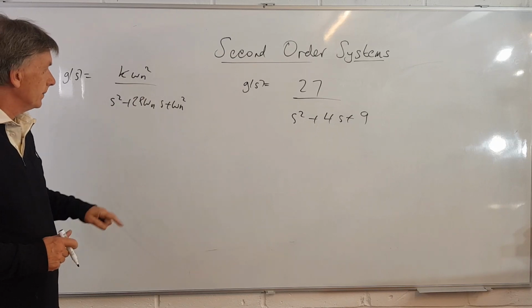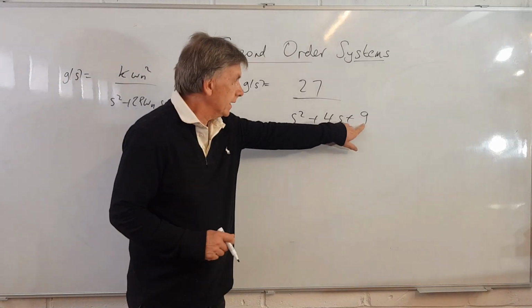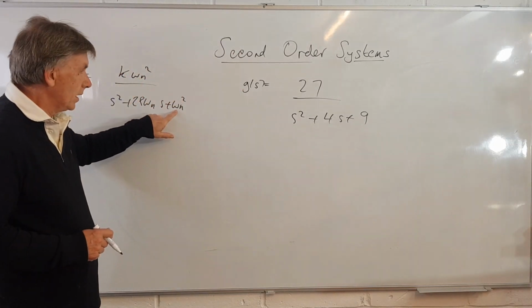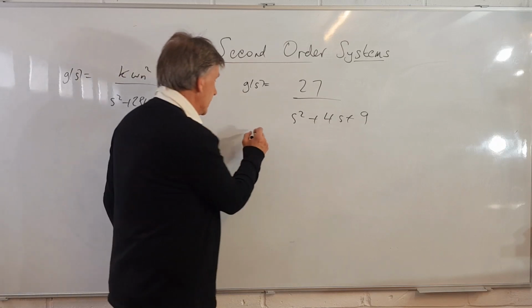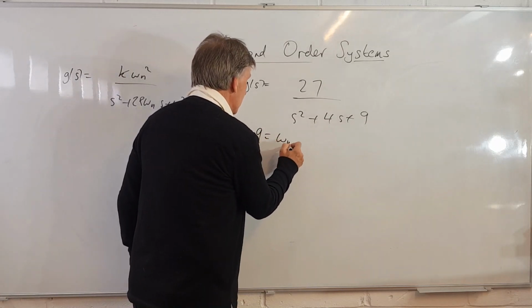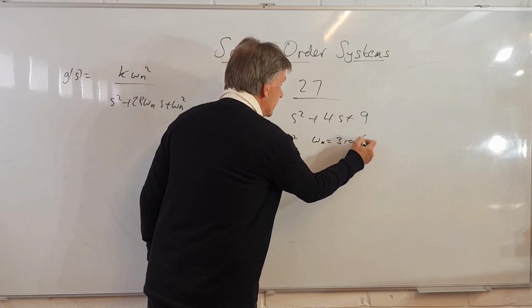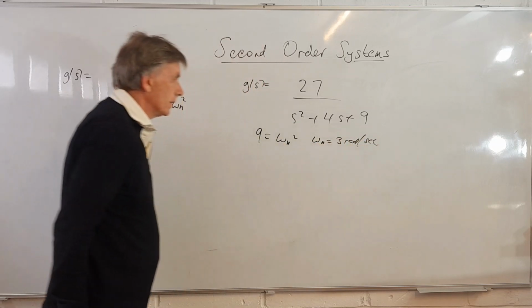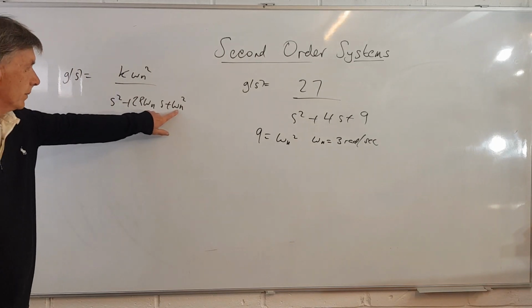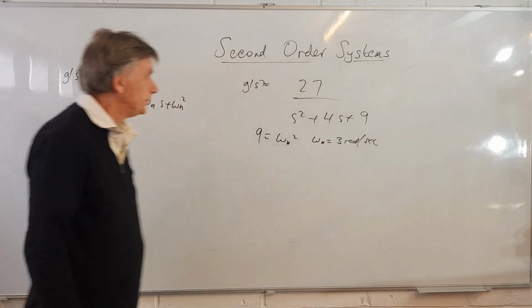So the first thing we'll do is say this 9 here is the same as this omega n squared here. So 9 equals omega n squared, or omega n is 3 radians per second. So that's a nice quick way. Compare that one with that one.